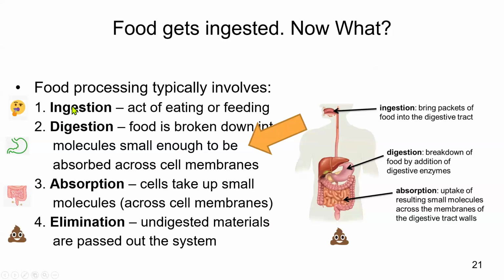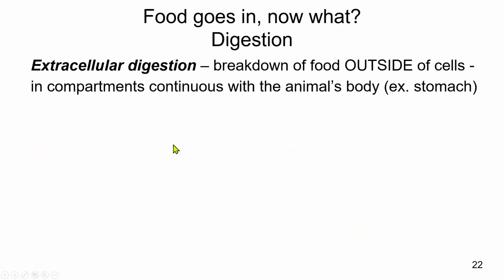So food gets ingested. The next step is, of course, digestion. So once it's ingested or brought into the body, it goes into the stomach to be broken down chemically. When we look at the types of digestion, you can have in some animals what's called extracellular digestion, which is the breakdown of food outside of the cells and compartments continuous with the animal's body. So this is basically what's happening in your stomach.